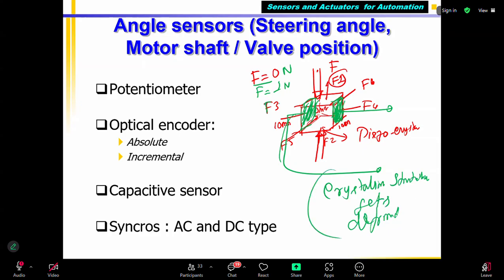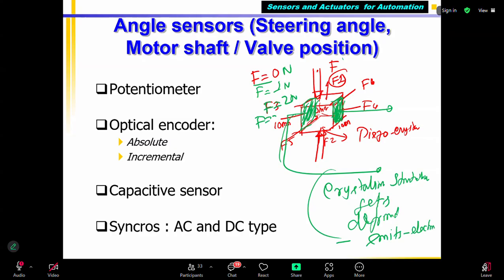Then I say F equals 2 Newton, F equals 3 Newton, like that I am applying. As I increase this, the piezoelectric crystal emits electrons. Please note that when I apply a force between 2 surfaces, top and bottom, the crystalline structure of the piezoelectric crystal deforms and it emits electrons.